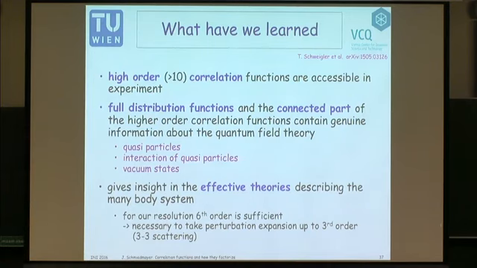For our resolution, the 6th order is sufficient, and it basically would mean that if you take a perturbation calculation, up to 3rd order should be fine enough to describe the data. That's what we can see from the data, and it's nothing that the statistics can tell you, with limits, something that is out there.